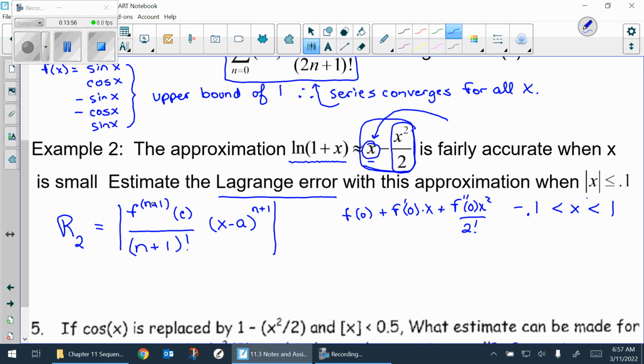All right, so what is the third derivative? Let's see, we've got natural log of 1 plus x. And the first derivative is going to be 1 over 1 plus x.